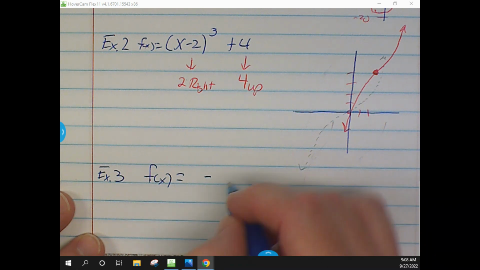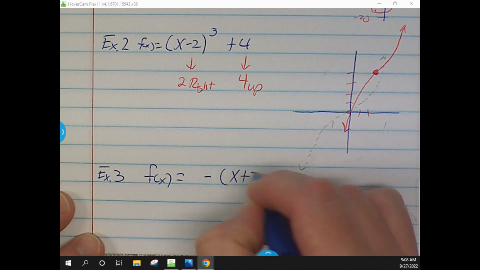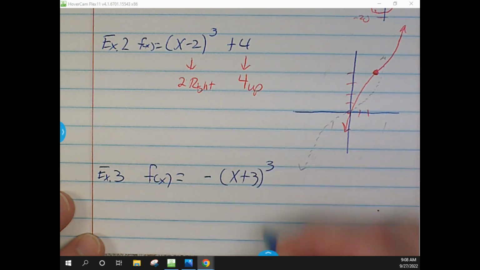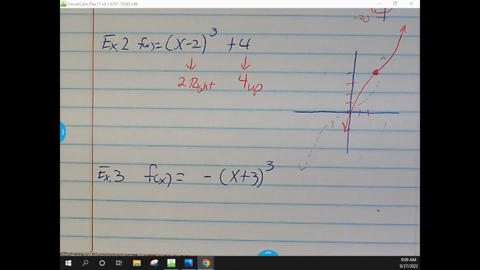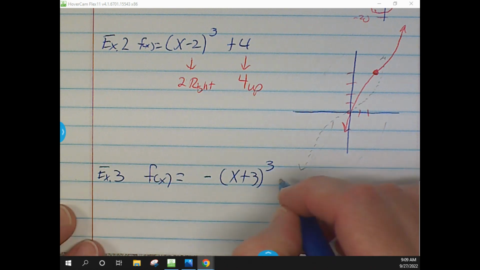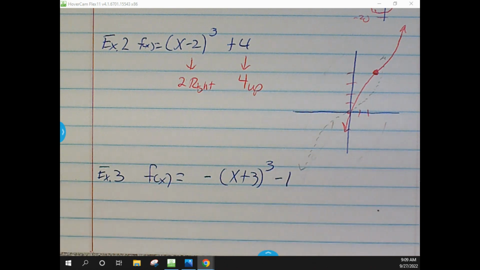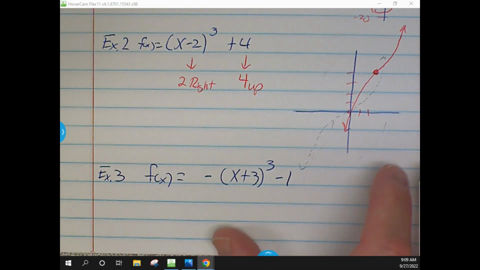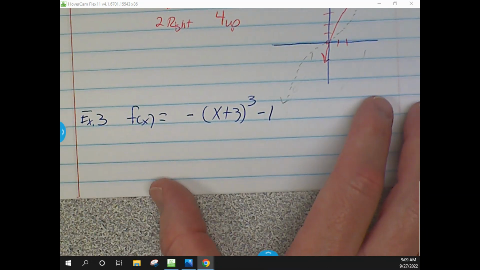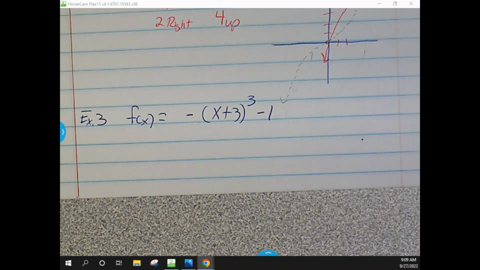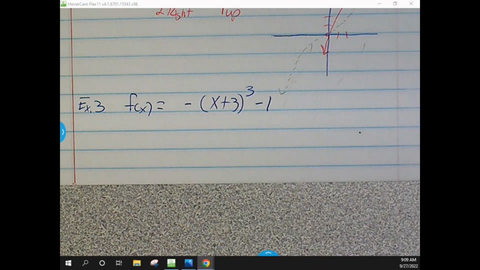Let's do negative x plus 3 to the third, minus 1. All right, so we know it's x to the third.